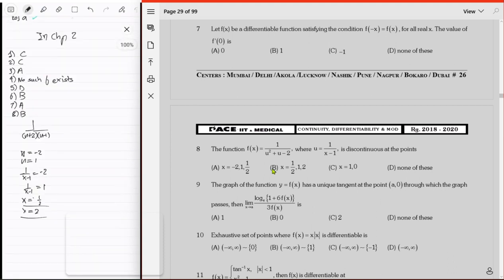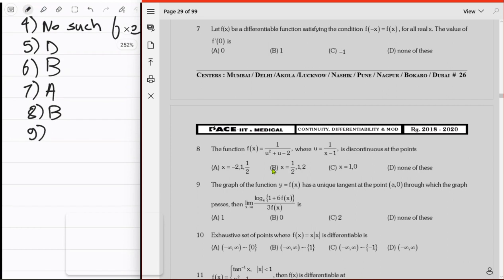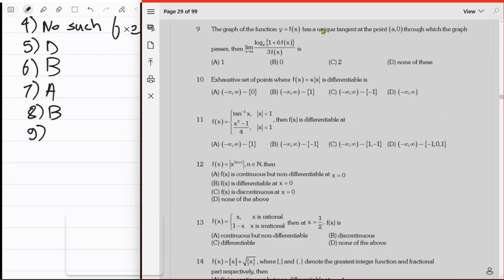Ninth. The graph of the function y equal to f of x has a unique tangent at the point a comma 0 through which the graph passes. Then the limit, this limit, is... at what point? Okay, at this point it has a tangent through which the graph passes.